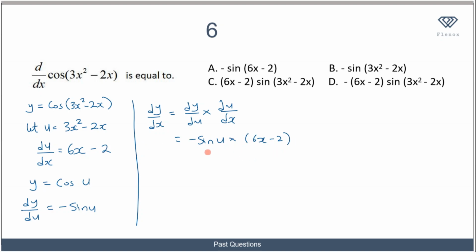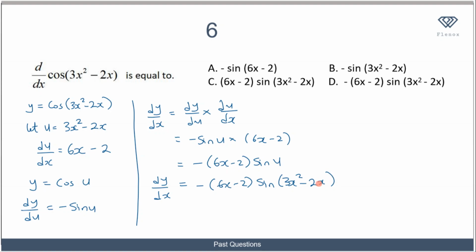So now rewriting this, I can write it as minus open bracket 6x minus 2 times sin u, and my u is equal to 3x squared minus 2x. So I can replace that back, and I have dy over dx equal to minus 6x minus 2 times sin of 3x squared minus 2x.